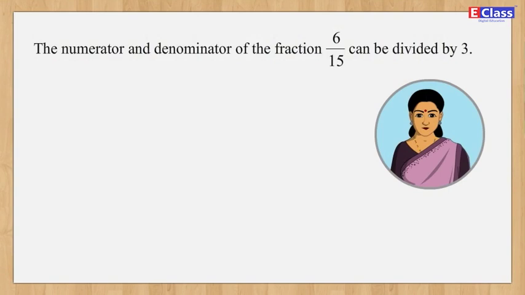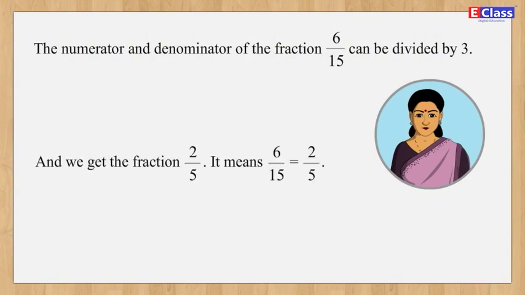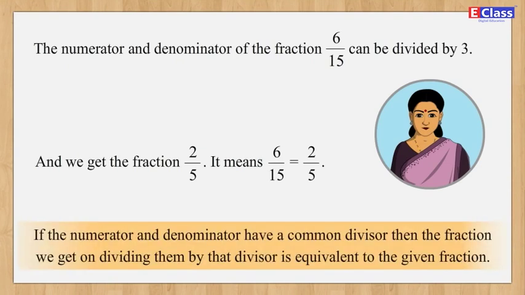On doing this division, we get the fraction 2 upon 5. It means that 6 upon 15 is equal to 2 upon 5. If the numerator and denominator have a common divisor, then the fraction we get on dividing them by that divisor is equivalent to the given fraction.